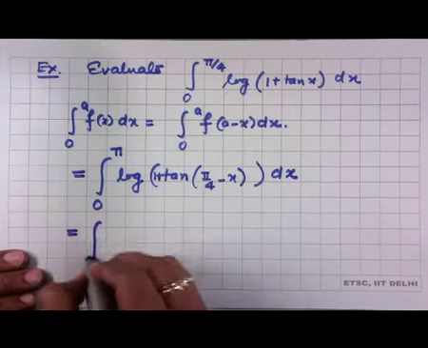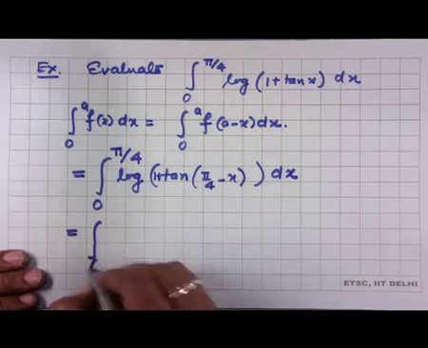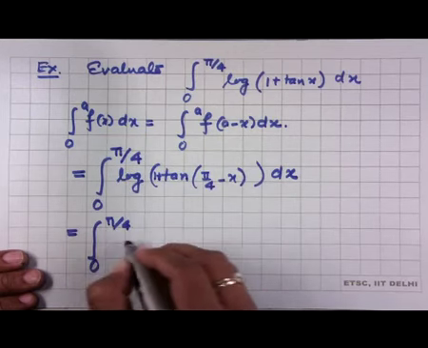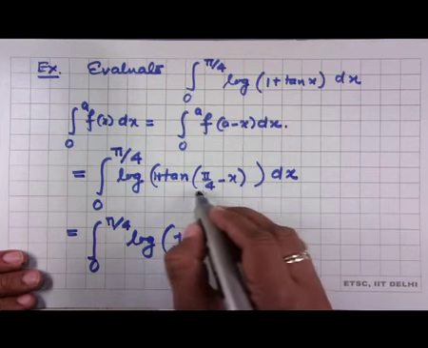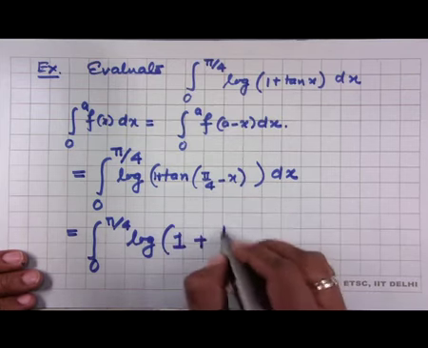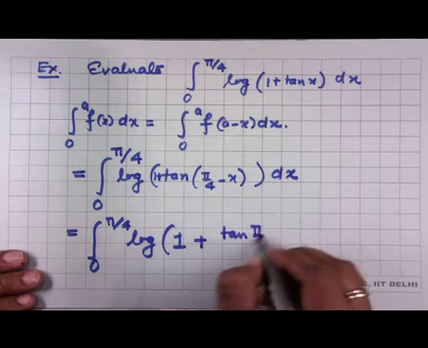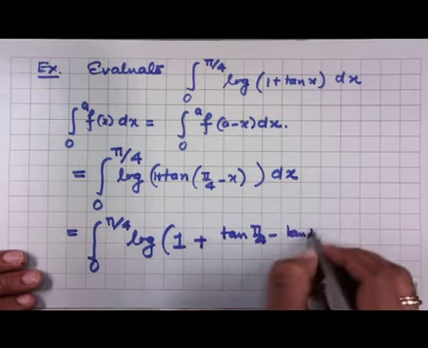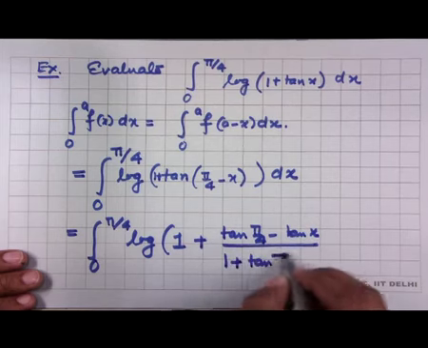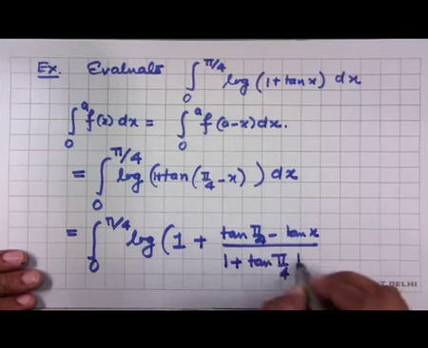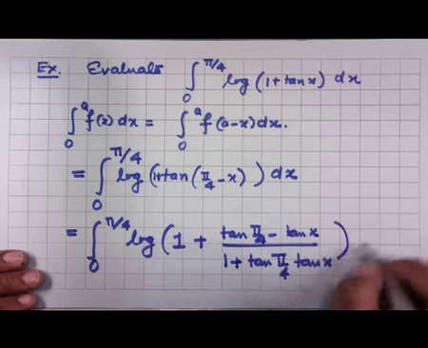Here tan a minus b is tan a minus tan b upon 1 plus tan a tan b.